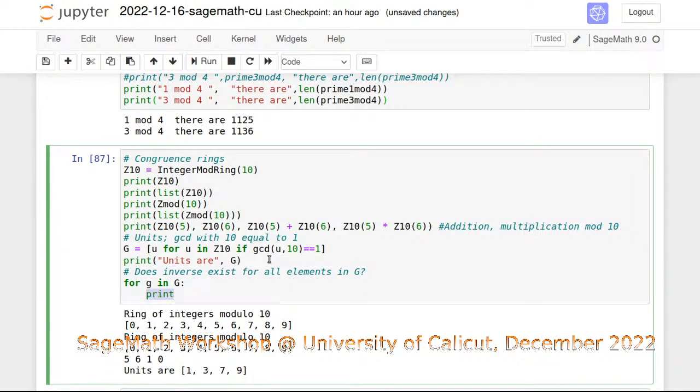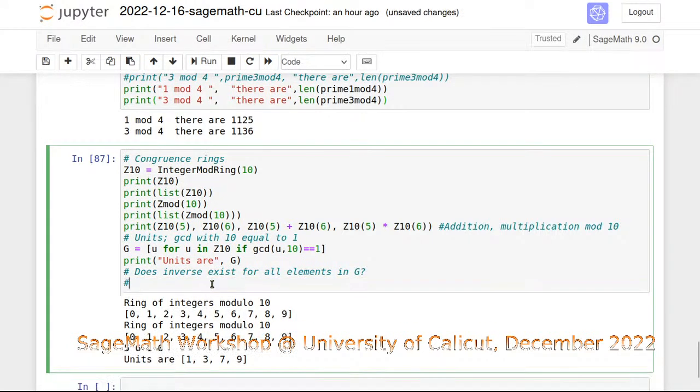Okay, if it doesn't exist, that's actually going to be a problem, because it may throw an error. Maybe what we can do is, let me just try to construct the group table first of all, if possible.